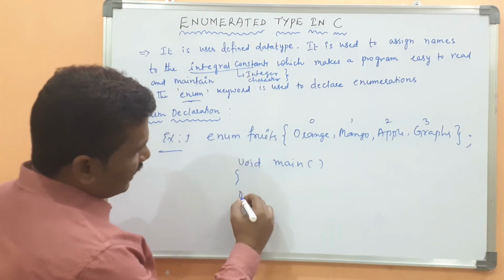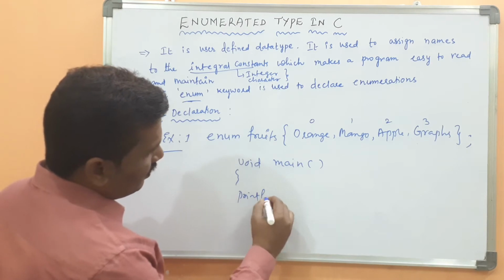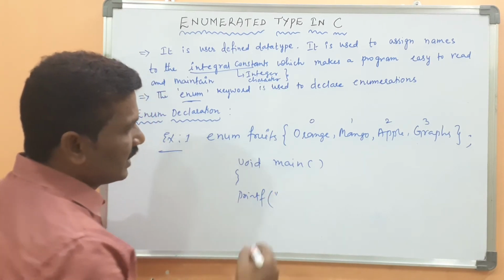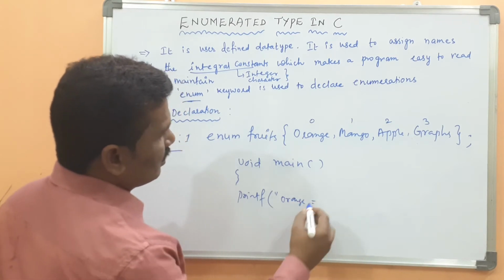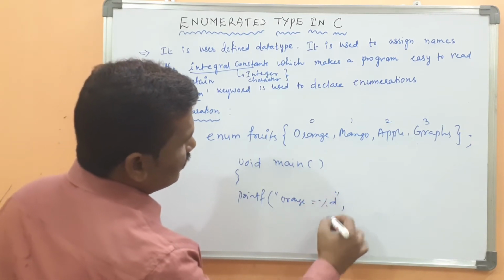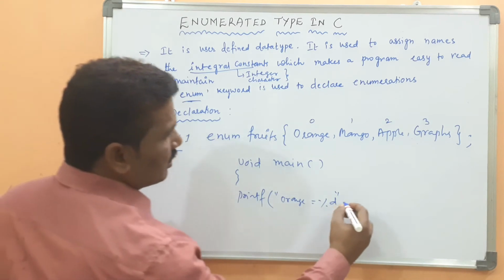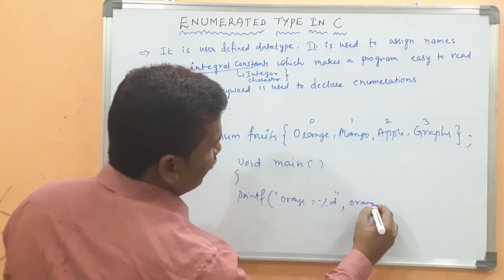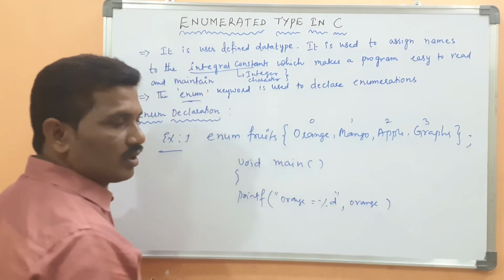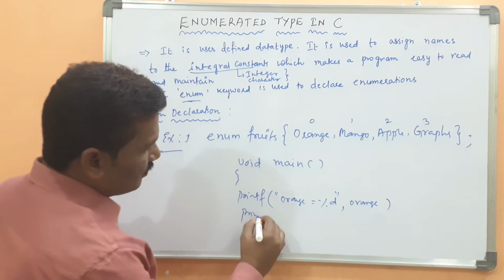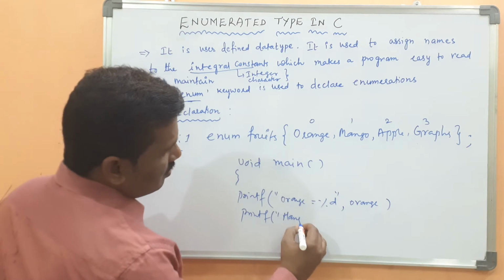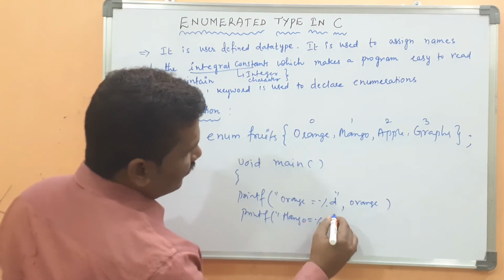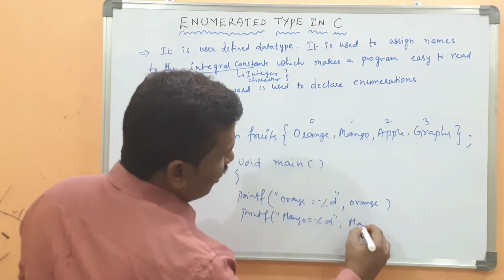Then printf, for example, orange equals percentage d, because it only supports integers, then orange. Then printf mango equals percentage d, then mango.